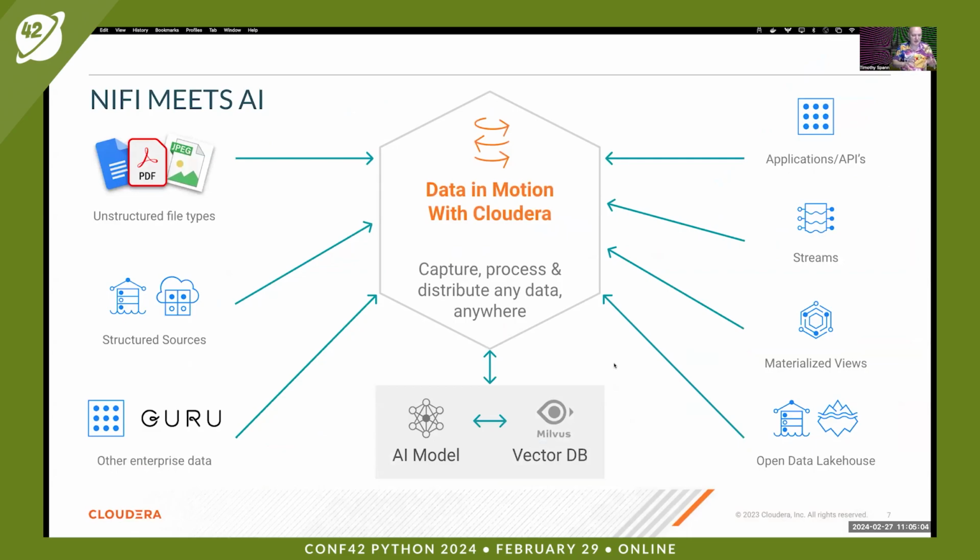I think the new thing to mention is that with generative AI, with these large language models and some of the smaller and mid-sized language models now, you need a lot of data. Things like Apache NiFi and Python let you get a lot of that data into the pipeline, whether it's going right to a model or to a vector store.